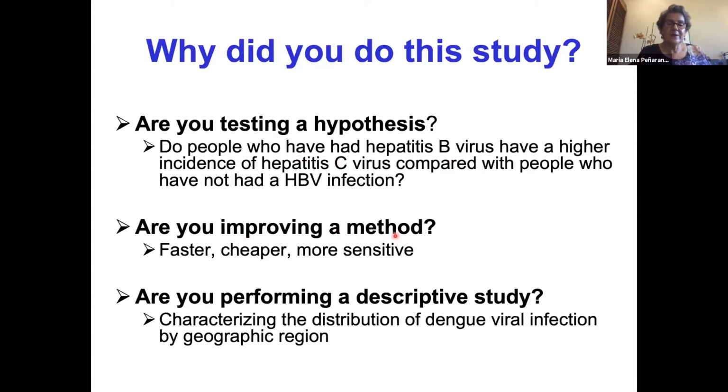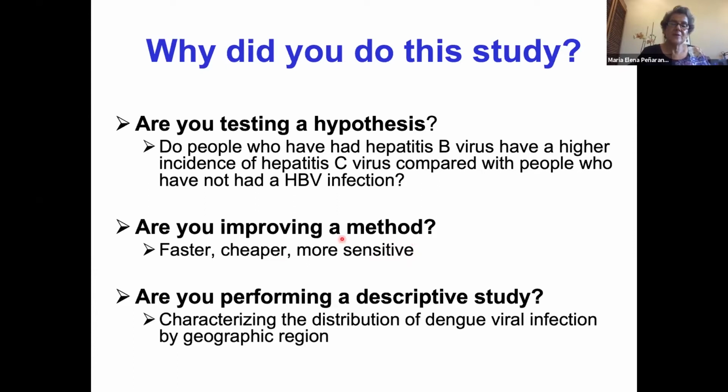Are you improving a method? We just talked about methods in the previous conference, and Luisa and Gregorio gave us examples of how it is important to publish a methodology that you found that is very helpful and can be used in many other areas.